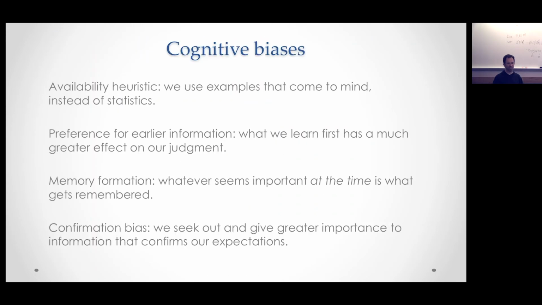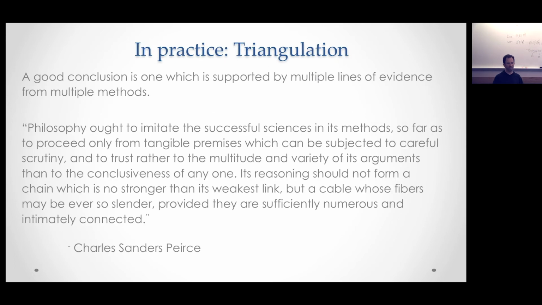The other thing is robustness, which we're just going to have to do later. Robustness is an idea that appears in a lot of forms. In the social sciences, they call it triangulation. This is a quote by one of my heroes, Charles Sanders Peirce, who appeared earlier in the handwriting example. What he's saying is that rather than using one type of argument to know if something is true, find lots of arguments.